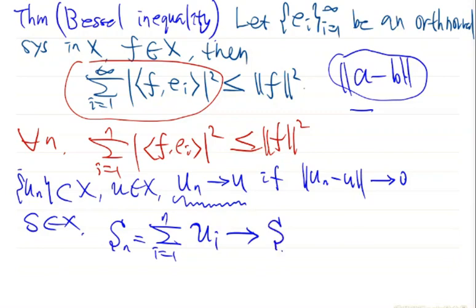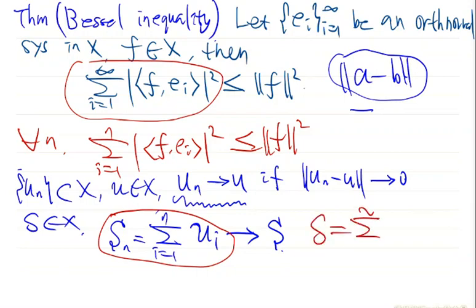For a sequence Un in X, we take the partial sums Sn, which is a new sequence. If this new sequence converges to some point S, we say that the series converges to S, and write S equals the sum. So this is the convergence of a series.